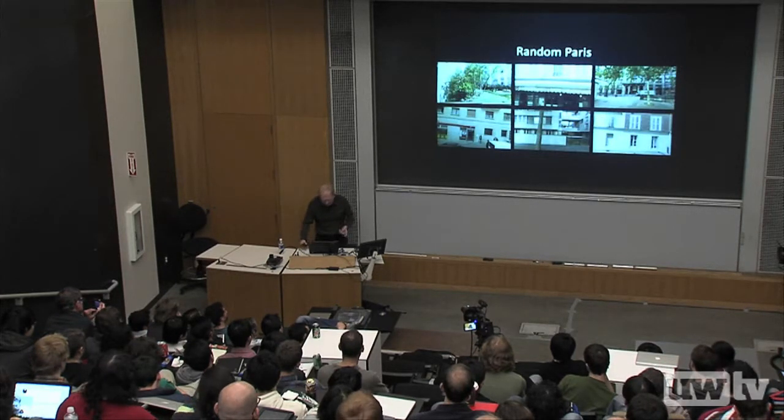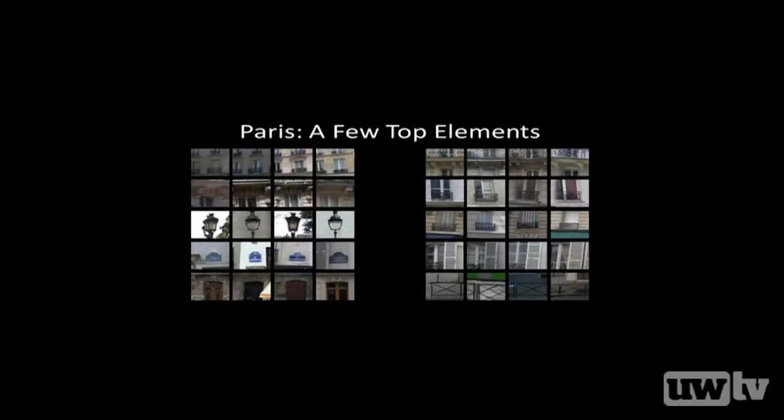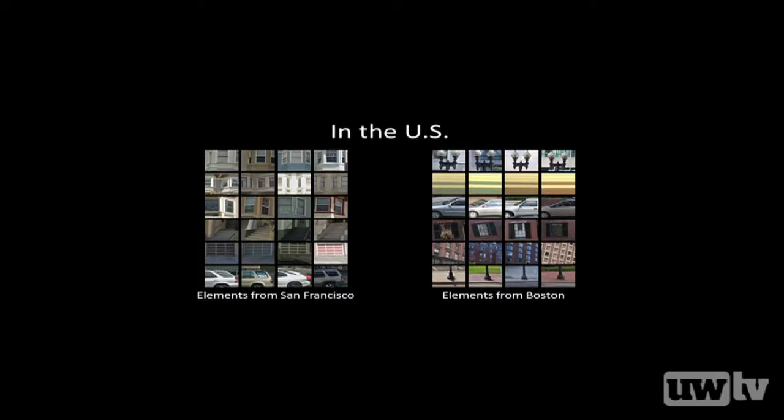And so then the results: this is random images of Paris, and these are the kind of clusters that we are able to discover. You can see that they're all visually coherent. These are just some examples, and they're really capturing at least a lot of what we think of as Paris. We tried it in American cities, and it wasn't as good.